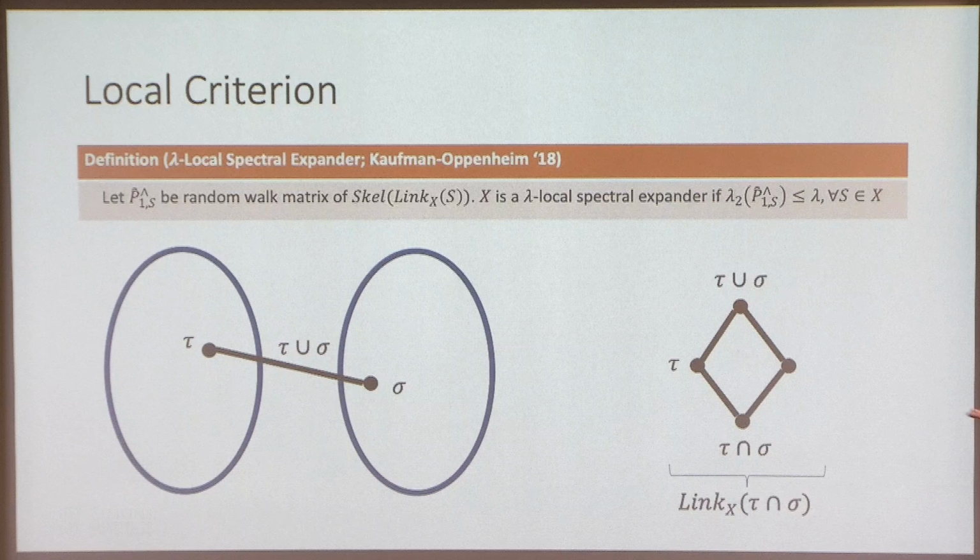So let's just take 2 elements, tau and sigma. And let's say there is some edge. So we assume the simplicial complex is connected, but what we want in the end is that it's very well connected. So let's say that there's some edge in there.